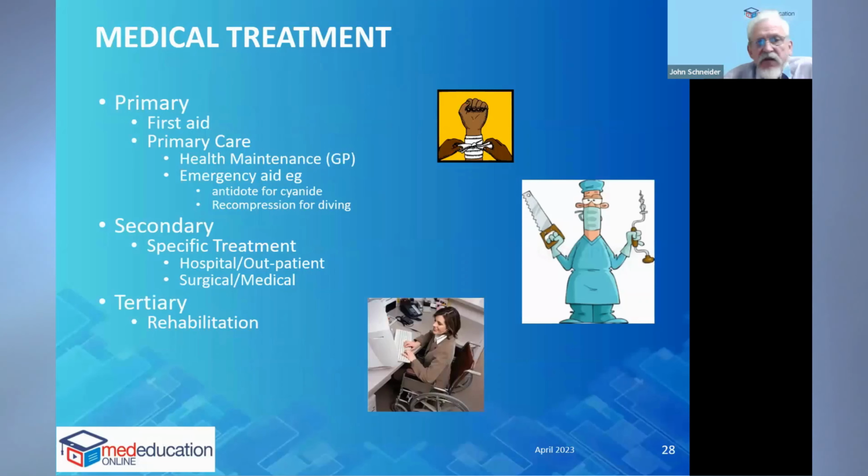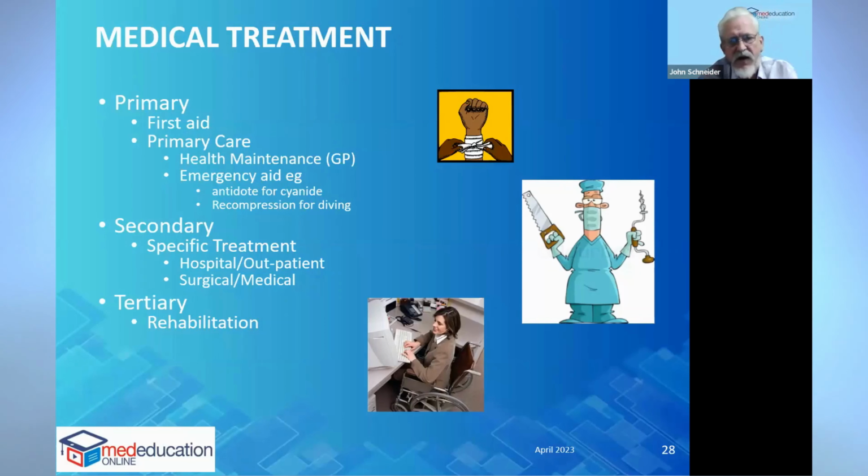Medical treatment itself, as we're aware of, primary treatment is usually first aid, and in hazardous situations there's often first aid data around the place that it's available. Secondary treatment is usually more specific to what's going on and may involve admission to hospital or attendance with a medical practitioner, or even surgical procedures or medical procedures.